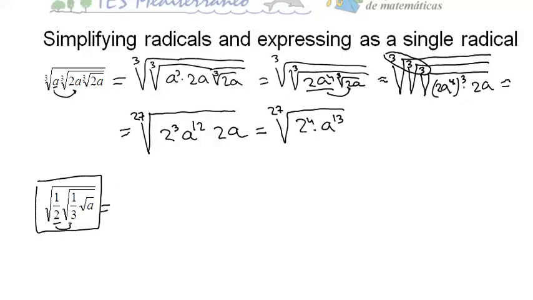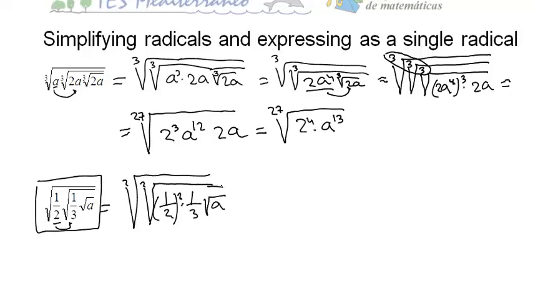Okay, first of all I'm going to introduce the 1/2 into the next root. All of them are square roots, so you don't need to write the index number 2, but just in case, 1/2 squared times 1/3, and then we've got the square root of a.